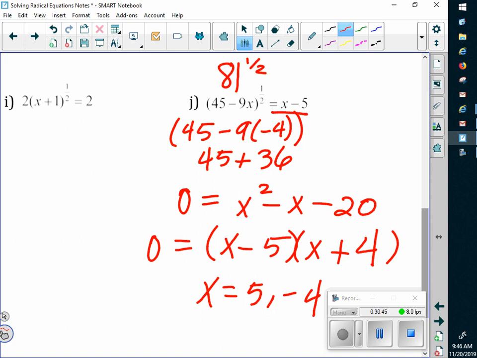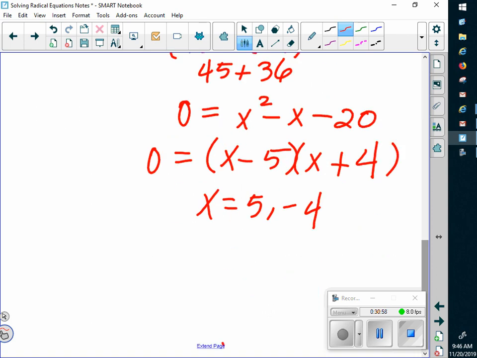Now over here, negative 4 minus 5 is negative 9. Is 9 equal to negative 9? No. So negative 4 is what? Extraneous.